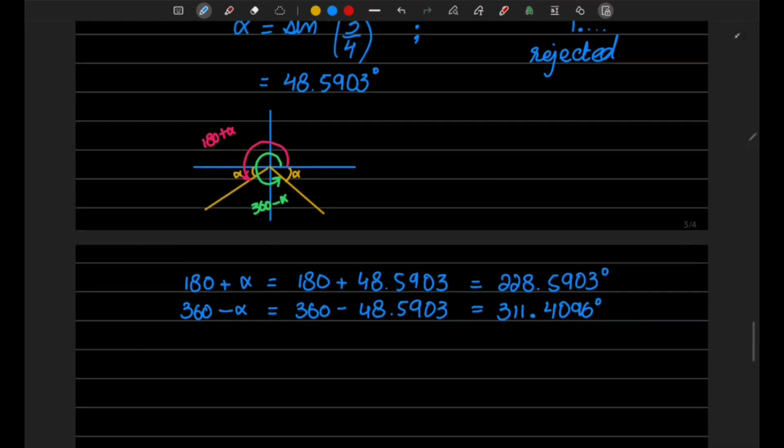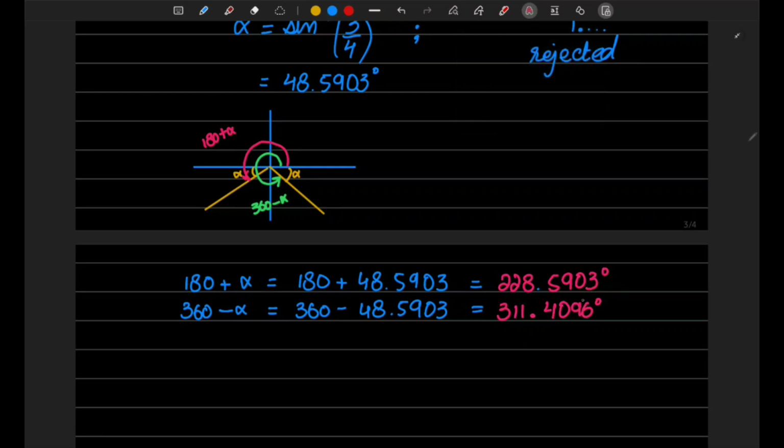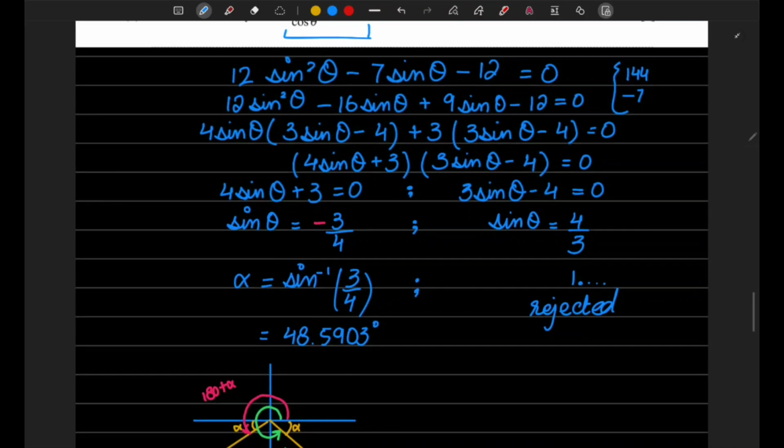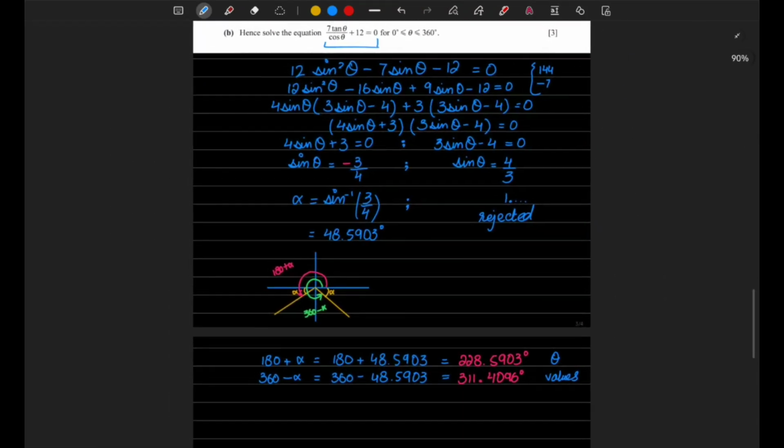These are your two angles, the solutions, your theta values. This is your final answer. So this is how we solve question number 3 part B. I hope you understand the question.